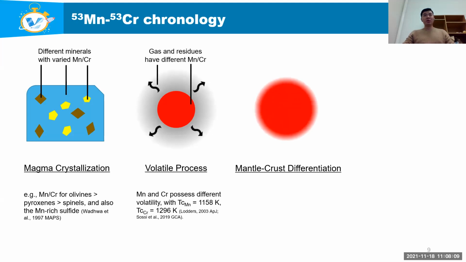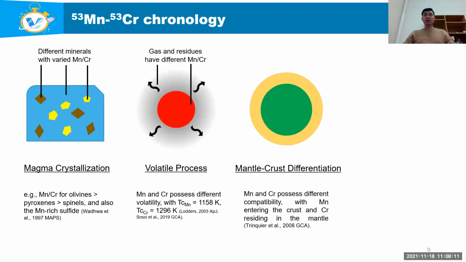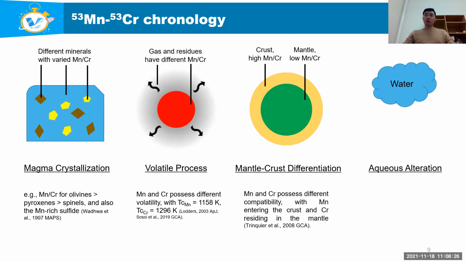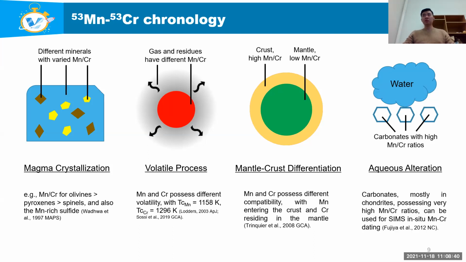Then planetary mantle-crust differentiation, because manganese and chromium possess different compatibility, with manganese entering the crust and chromium residing in the mantle. Finally, aqueous alteration, which mostly occurs in chondrites, because the carbonates possess very high manganese-chromium ratios, so we can achieve some in situ analysis.